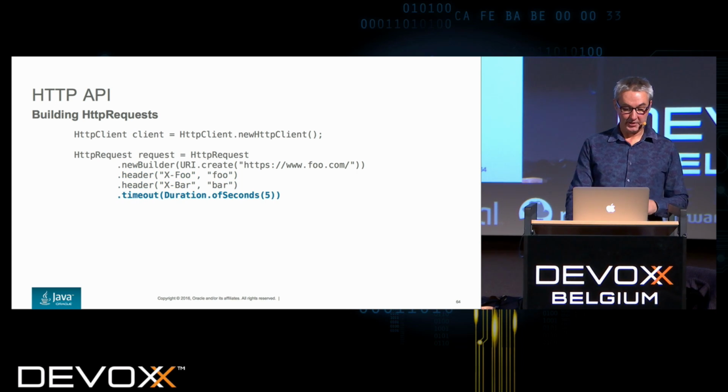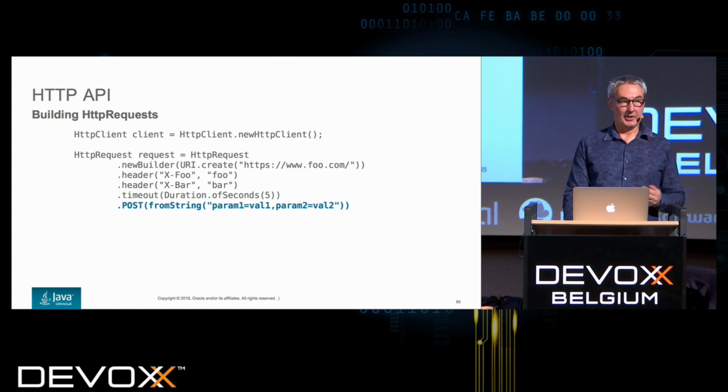You can specify a timeout using a Duration object, and if the response isn't received within that time, then an exception is thrown or the operation completes exceptionally. And as shown earlier, you must specify the request method type, and if it's a POST or any type that takes a request body, then you also specify a body. And then finally you call build, which returns the request object itself.